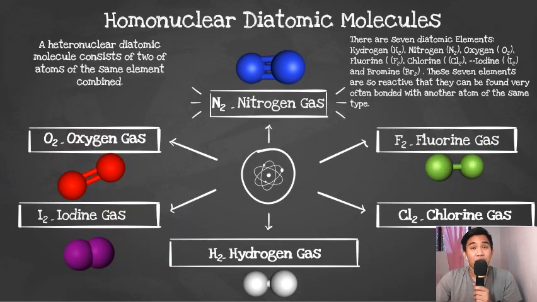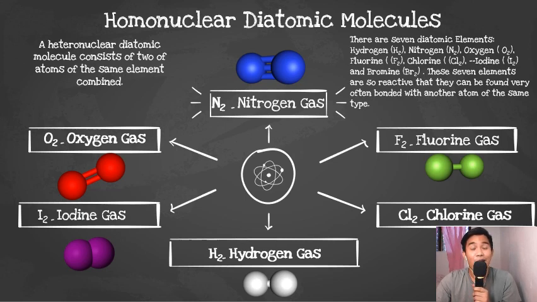Another example of molecules of an element are the homonuclear diatomic molecules. A homonuclear diatomic molecule consists of two atoms of the same element combined. Actually, there are seven diatomic elements.